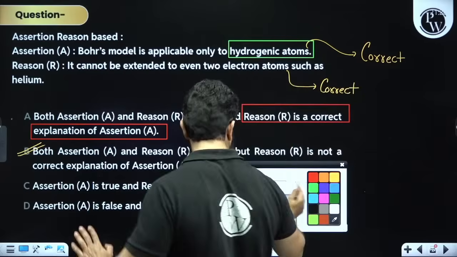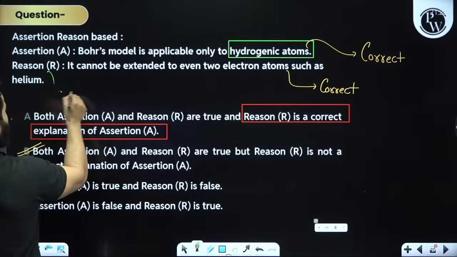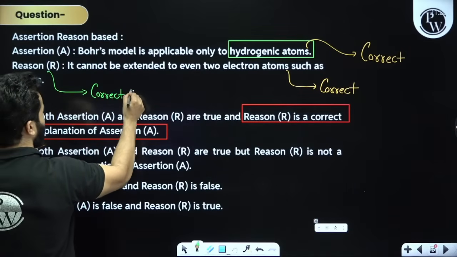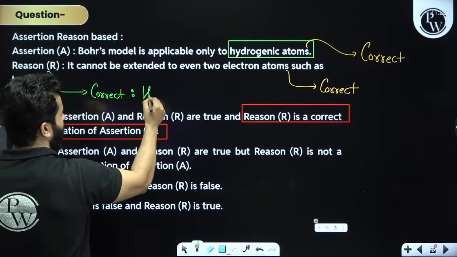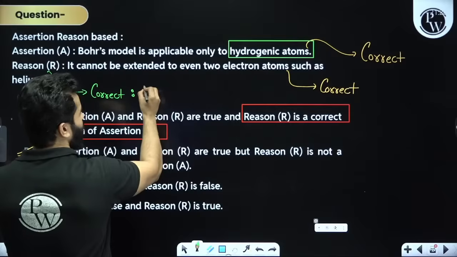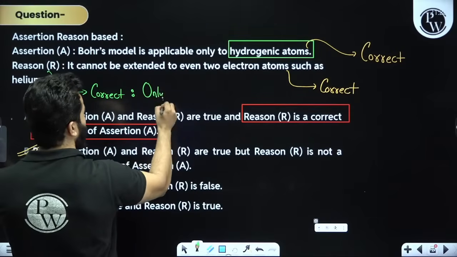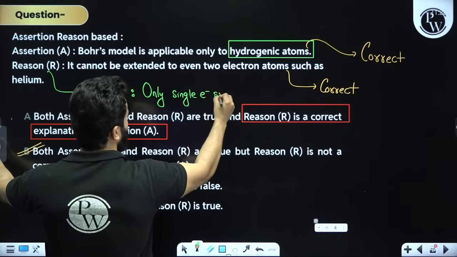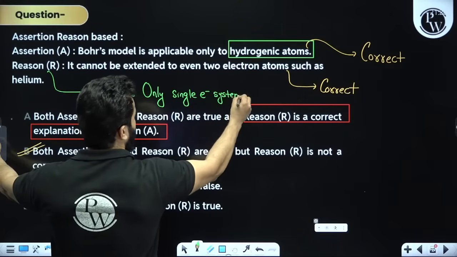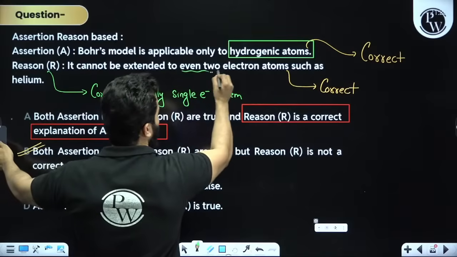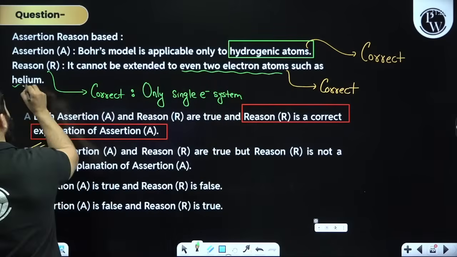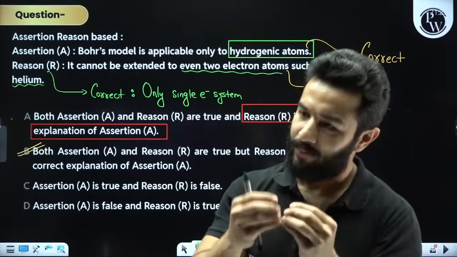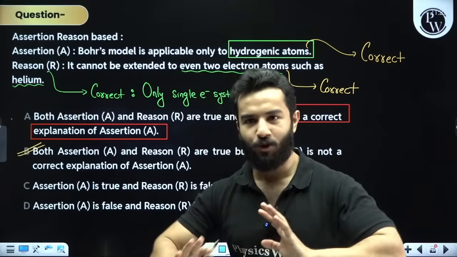The correct reason could be, according to me, that it is applicable for only single electron systems. It is not even valid for helium is a statement in itself, and that's absolutely valid.